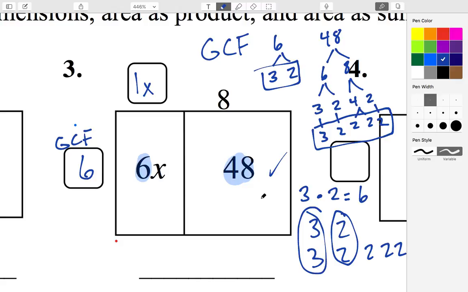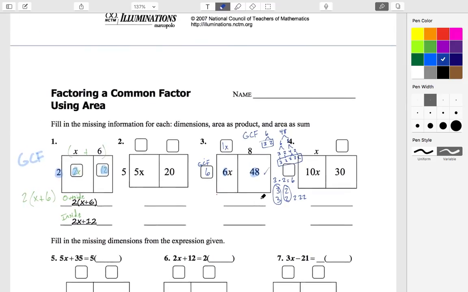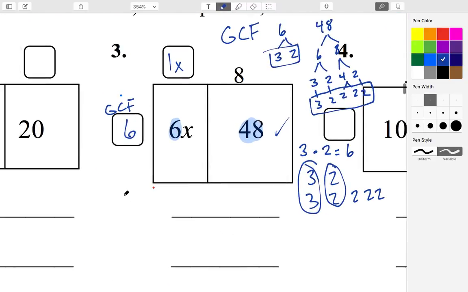Now, let's look. We want the outside first, then the inside. So outside first, then the inside. So we can say 6x, or, oh, why am I doing that? I'm doing the inside. Let me erase that, my bad.